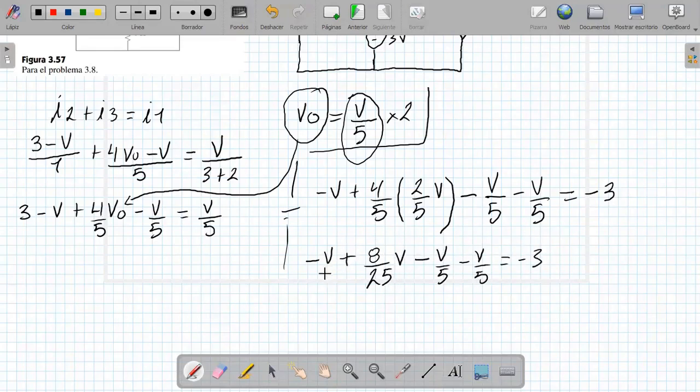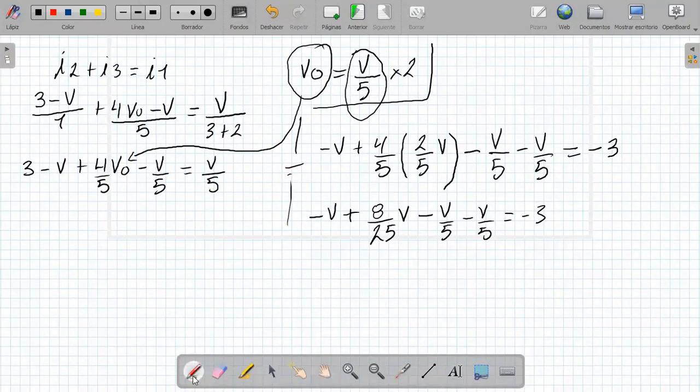So if I add negative 1 plus 8/25 minus 1/5 minus 1/5, and you can check it on the calculator, this is going to give me negative 27/25 V equals negative 3. So, if I solve for V, I'm going to get that V is 2.778 volts.